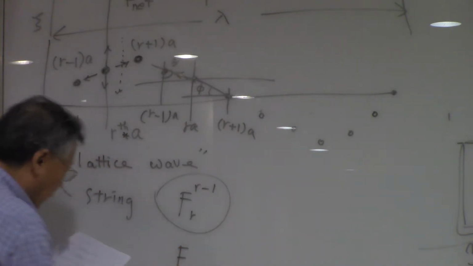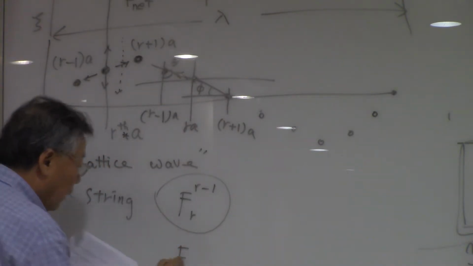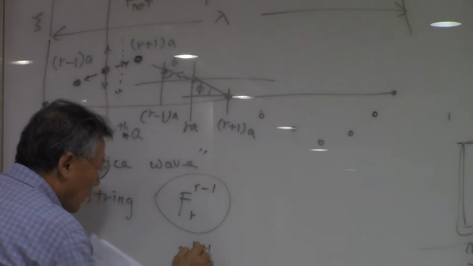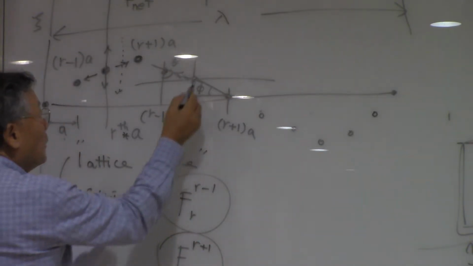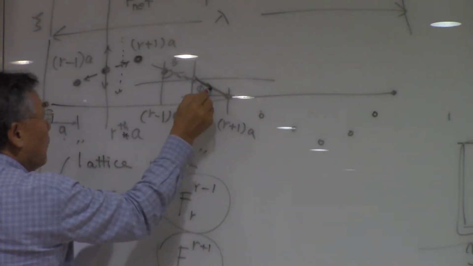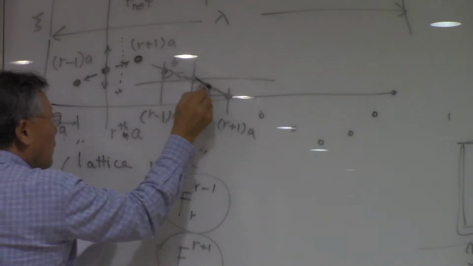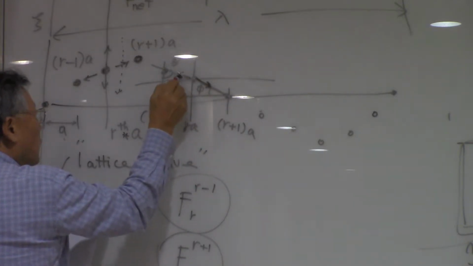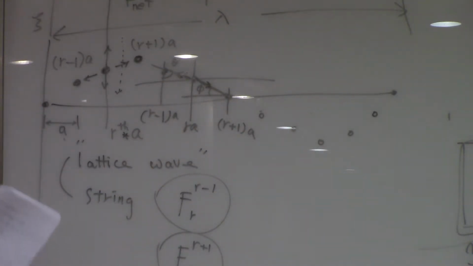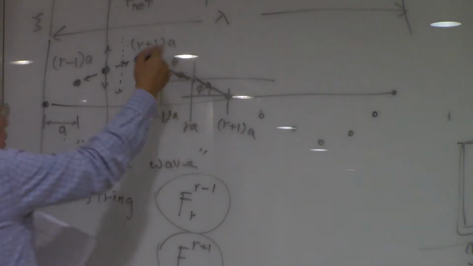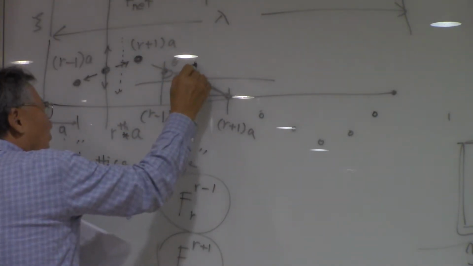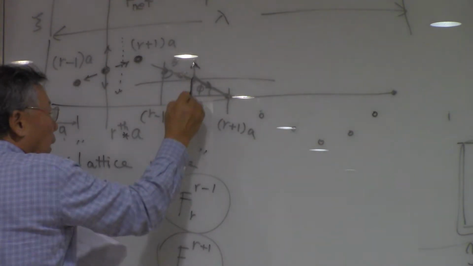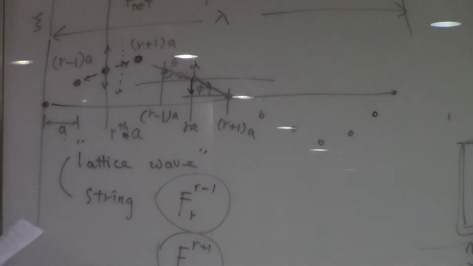And naturally, the next one is r, r plus 1, the force between these two. So you calculate this force and this force, and then use the trigonometry, and then you can have F up and F down. That's what we are going to do.